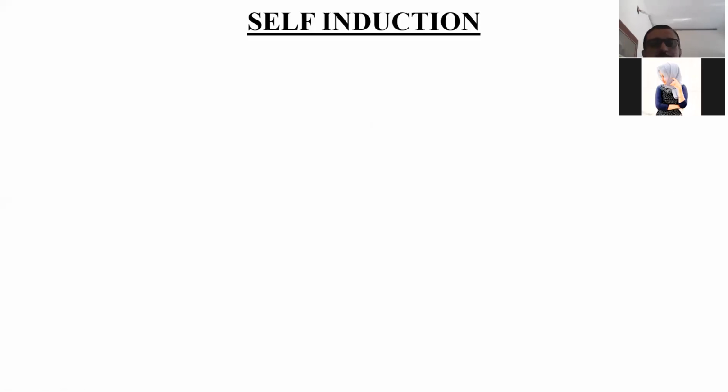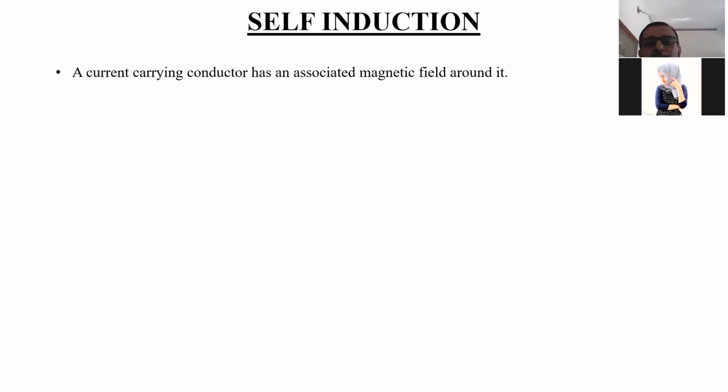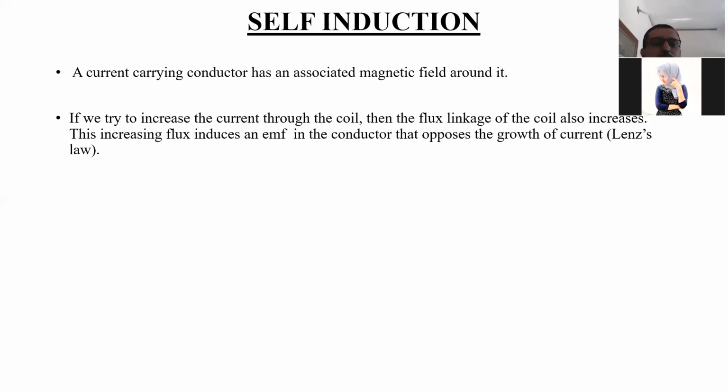Self-induction is this: a current carrying conductor has an associated magnetic field around it. If you try to increase the current through the coil, the flux linkage of the coil also increases. This increasing flux induces an EMF in the conductor that opposes the growth of the current.